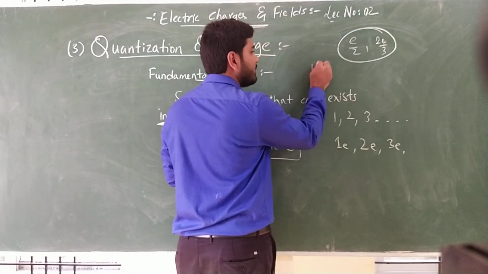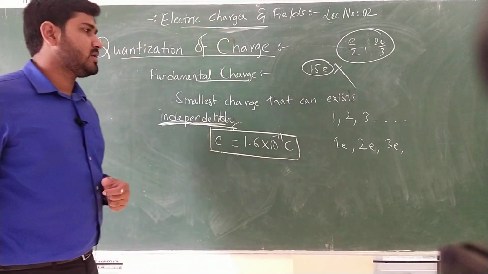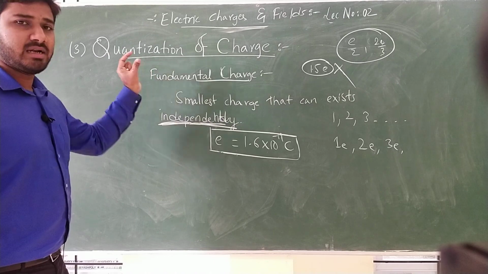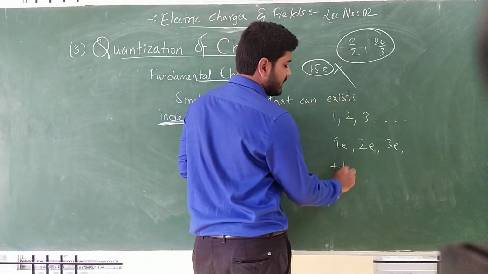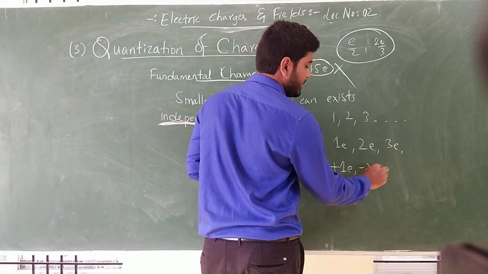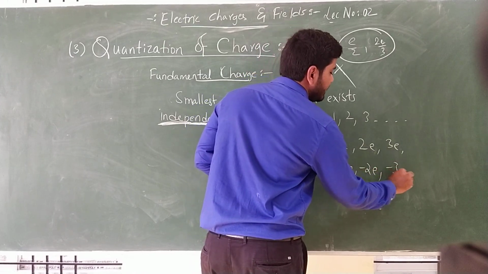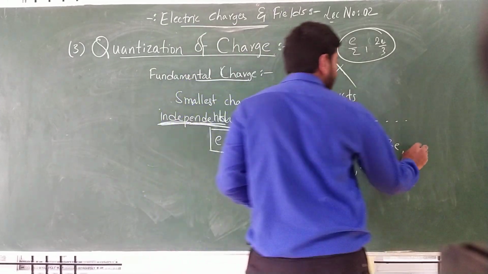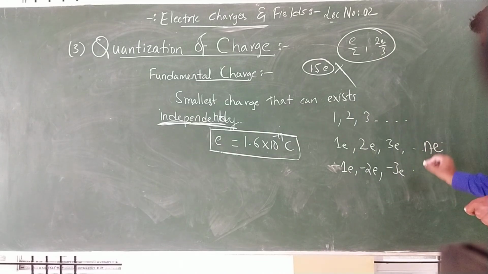You will not get 1.5e charge. You can also get 0 charge, because it is quantized and available in fixed terms. You can get plus 1e, minus 1e, minus 2e, minus 3e, and so on. I can write n e, or minus n e.